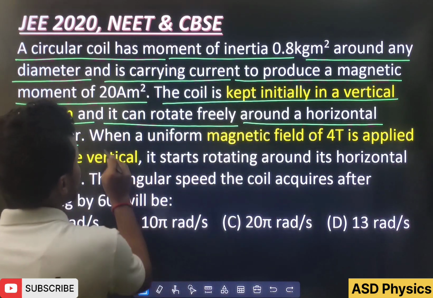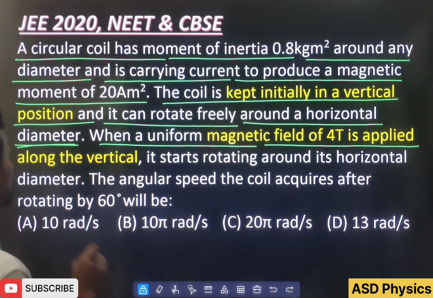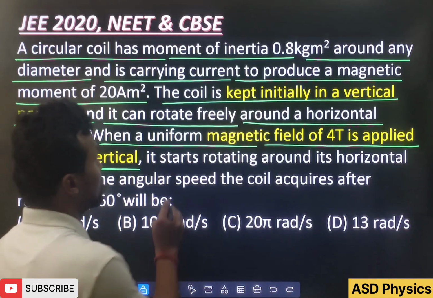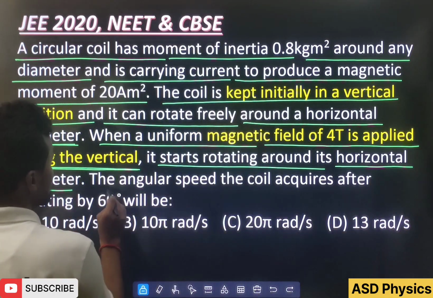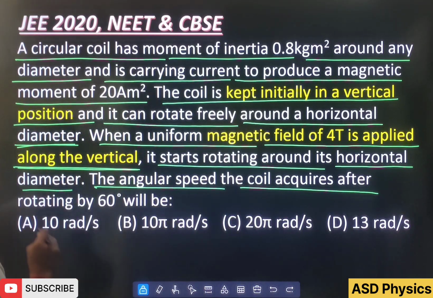When a uniform magnetic field of 4 Tesla is applied along the vertical, it starts rotating around its horizontal diameter. The angular speed the coil acquires after rotating by 60 degrees will be how much?